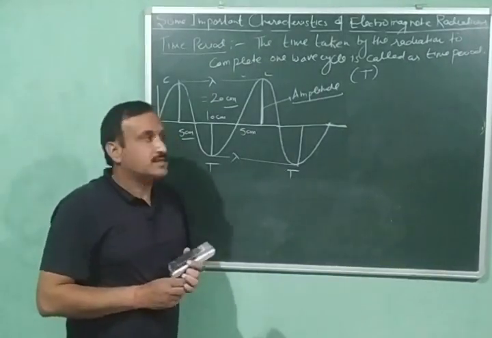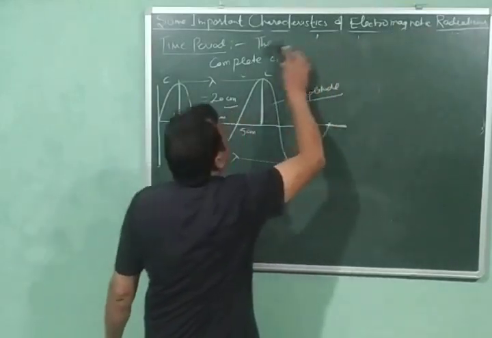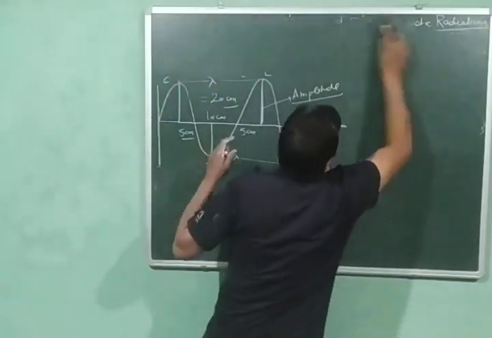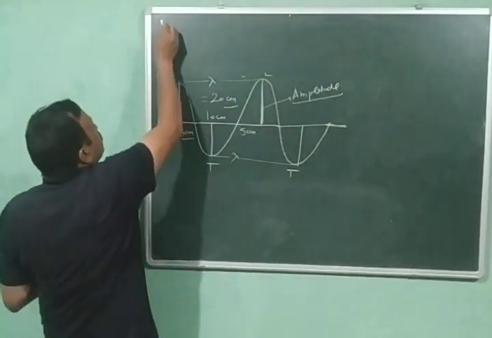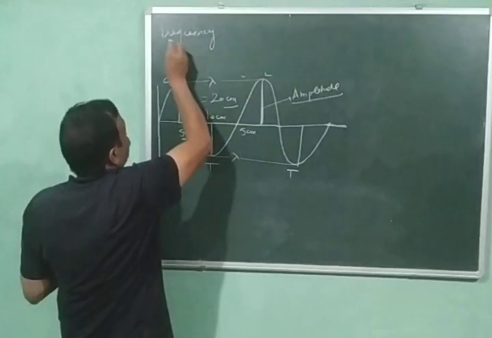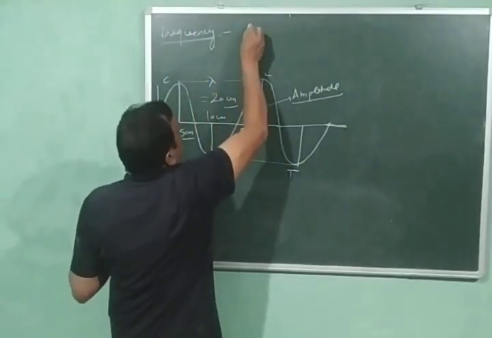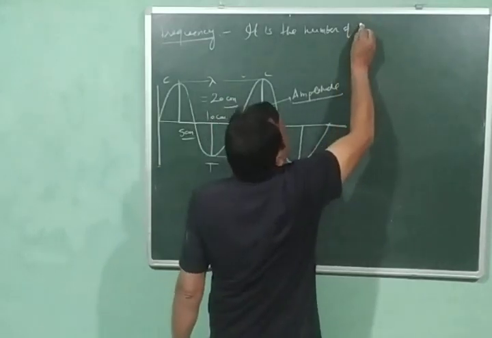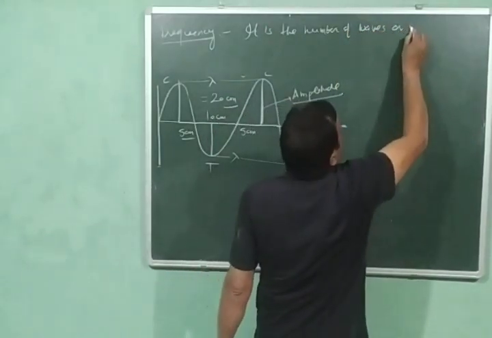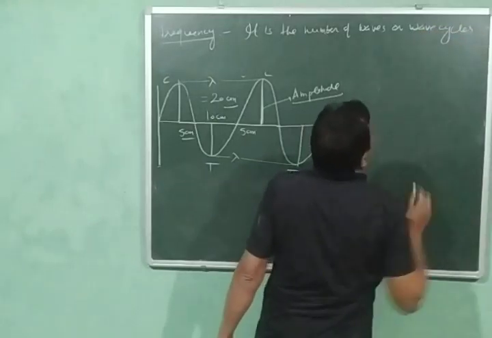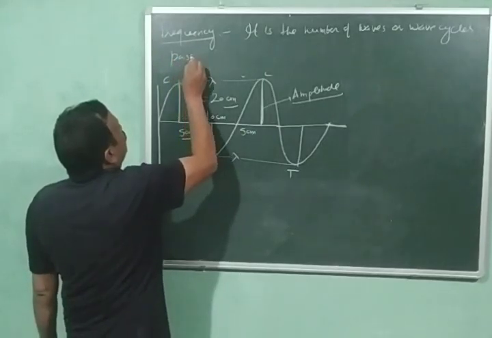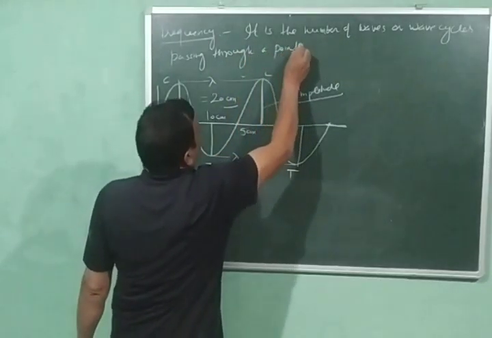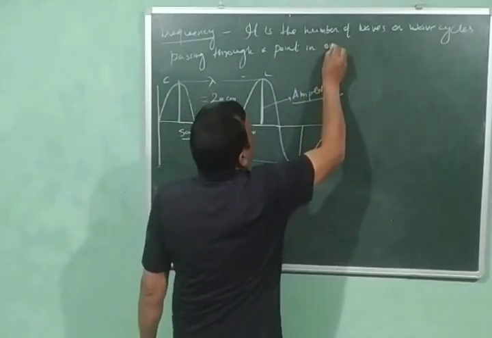And the next characteristic is frequency. So frequency is defined as the number of waves or wave cycles passing through a point in 1 second.